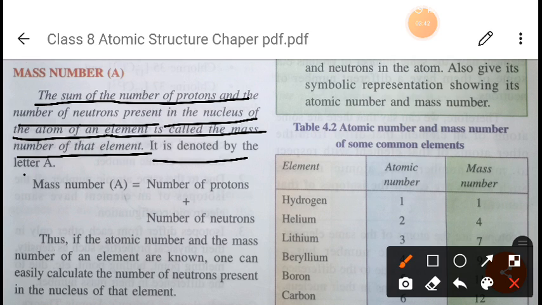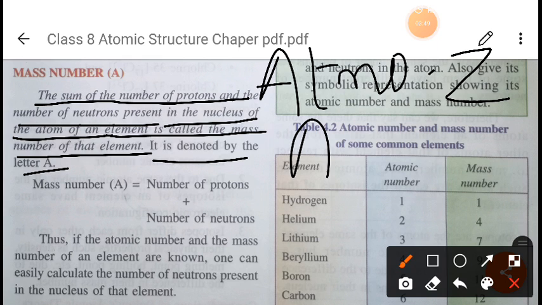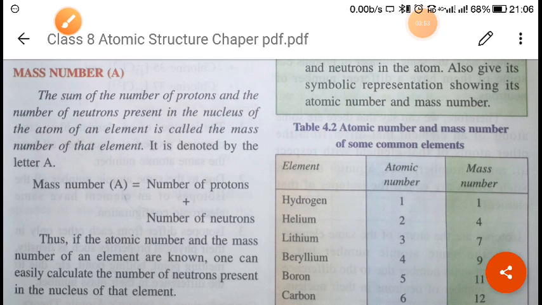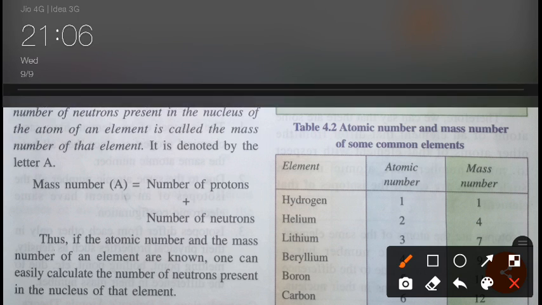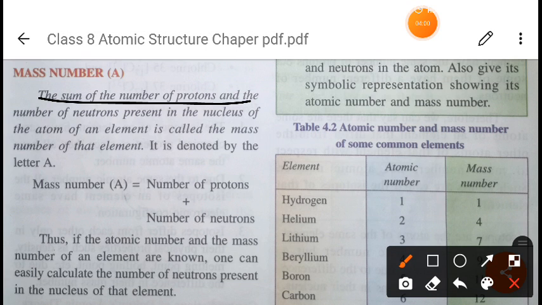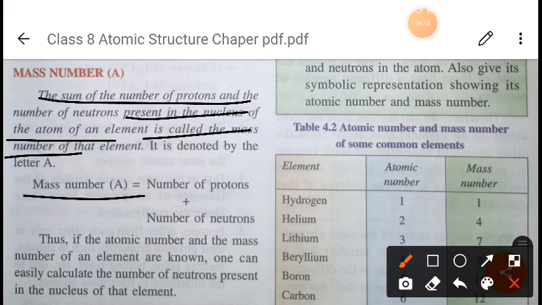It is denoted by A. Always remember that atomic number was denoted by Z, and here atomic mass is denoted by A. It is the sum of the number of protons and neutrons present in the nucleus of the atom of an element, called the mass number.